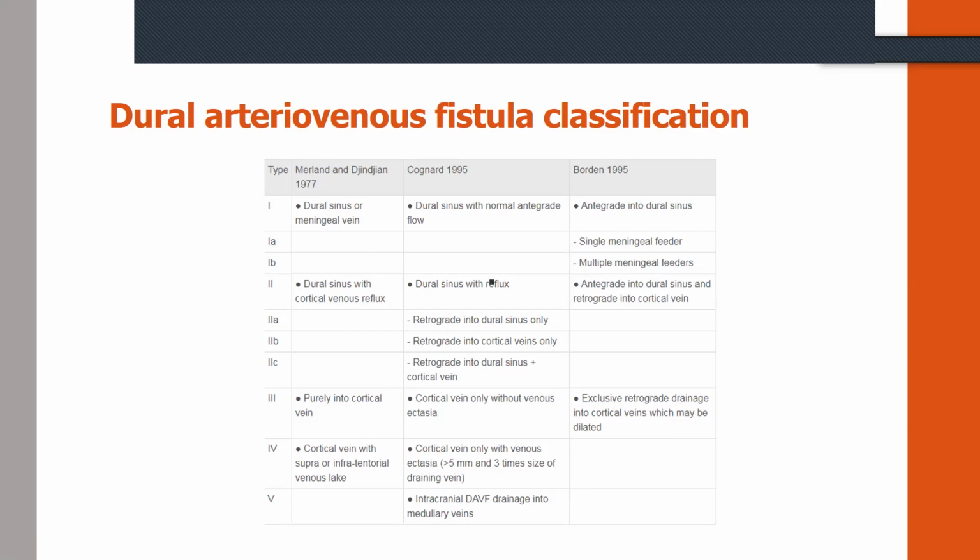But the general gist of all these three classification systems, in my view, is that fistulas are either high risk or low risk. And depending on their venous drainage pattern, that dictates everything. Typically, where most interventionalists will draw the high risk versus low risk threshold is the presence or absence of what's called cortical venous reflux.